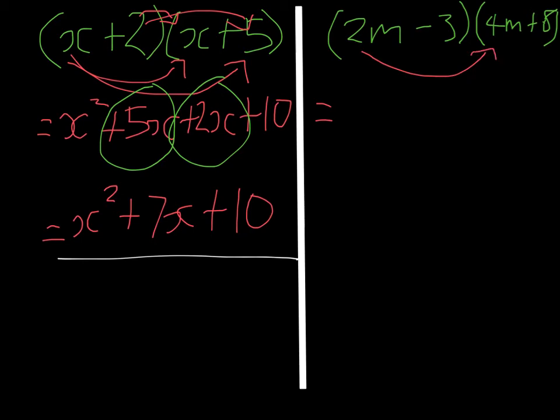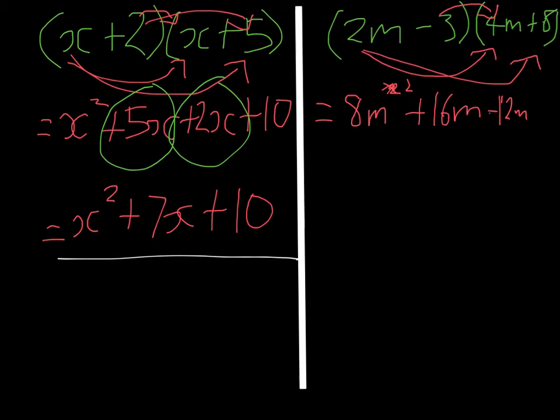So 2 times 4 is 8, and m times m is m squared. Outside, 2m times 8 is, 2 times 8 is 16, so it's 16m. Inside, negative 3 times 4m, so negative 3 times 4 is negative 12, so it's negative 12m.